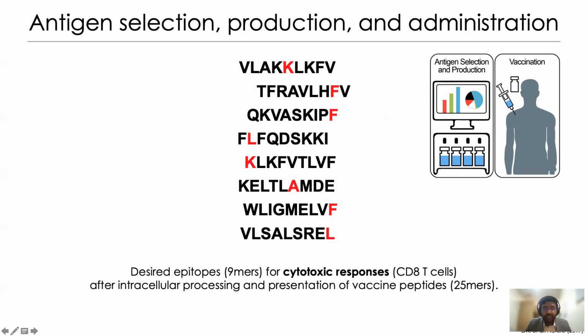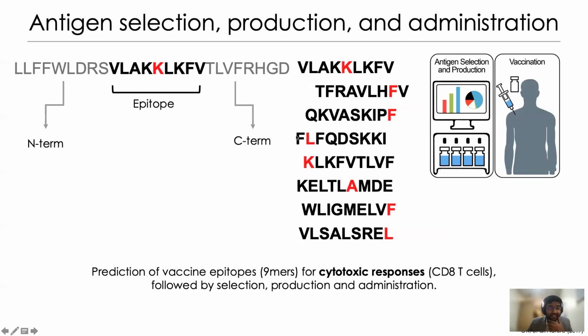In terms of a quick understanding of what the terminology is and what these sites are known, this is how a typical peptide vaccine looks like. At the center is this epitope, which is essentially going to incite an immune response in the CD8 T cells, and flanking that particular epitope on both sides are the N-term amino acids and the C-term amino acids.